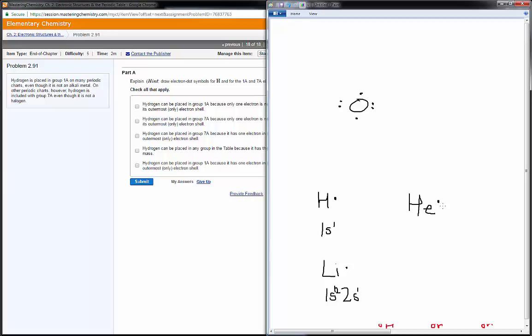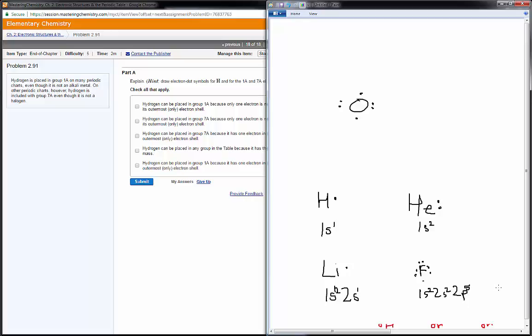It has 2 electrons. These are paired because they're both in the 1s group. And then fluorine is our first halogen. It has 7 valence electrons, 1, 2, 3, 4, 5, 6, 7. And it has the electronic configuration of 1s2, 2s2, 2p5.